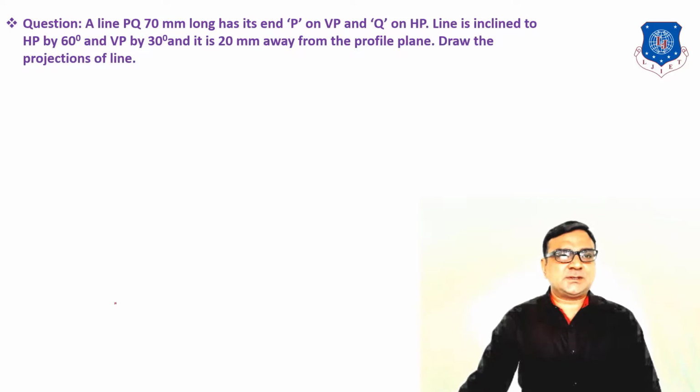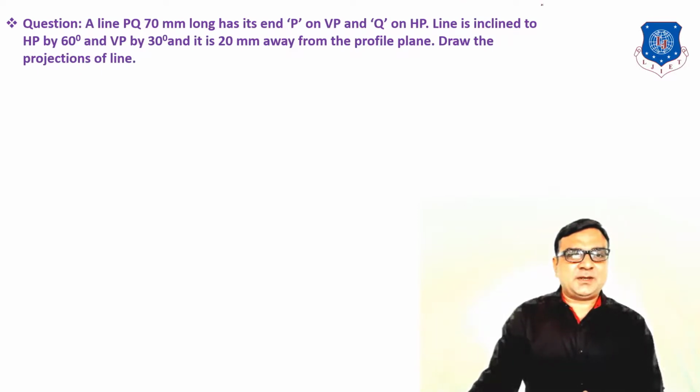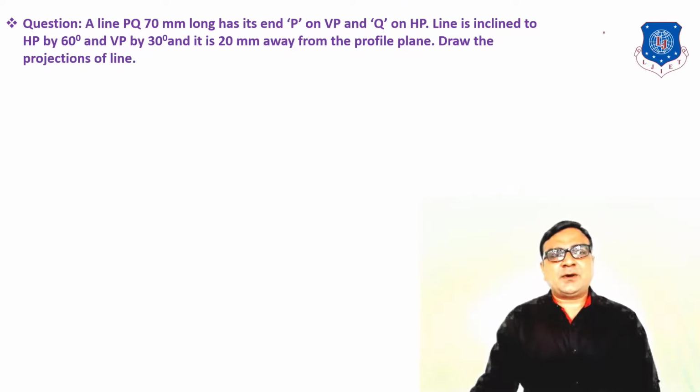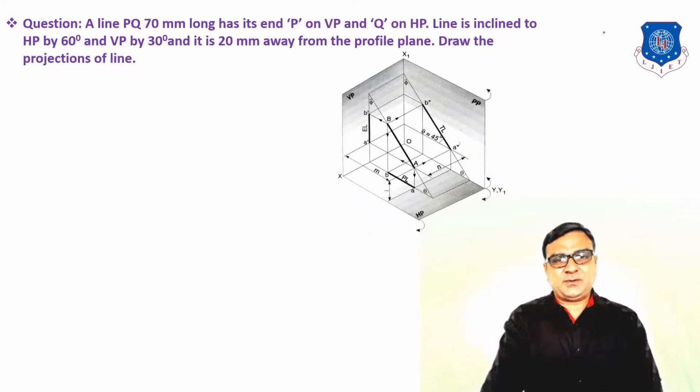Now a question regarding this case: the line PQ, 70 mm long, has its end P on VP and Q on HP. The line is inclined by 60 degrees with HP and 30 degrees with VP. It is 20 mm away from the profile plane. Draw the projections of the line. So the same case, our line AB: the angle of this line with the horizontal plane is given as 60 degrees and with the vertical plane 30 degrees.